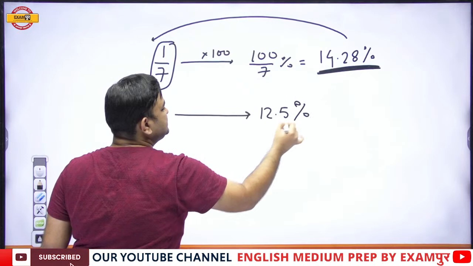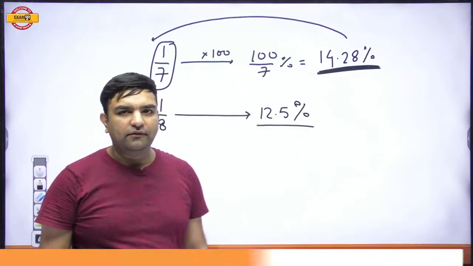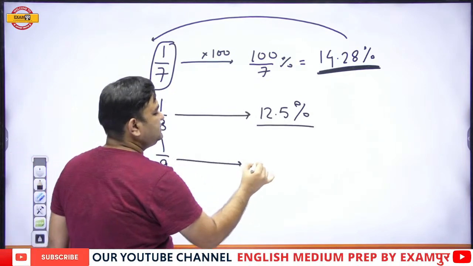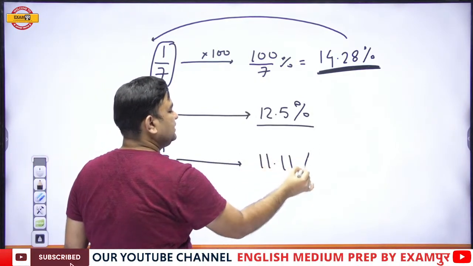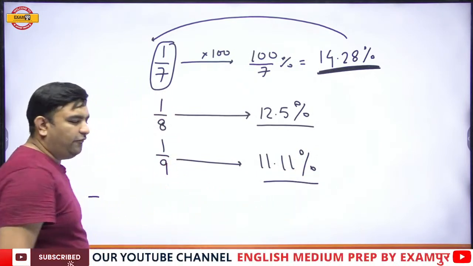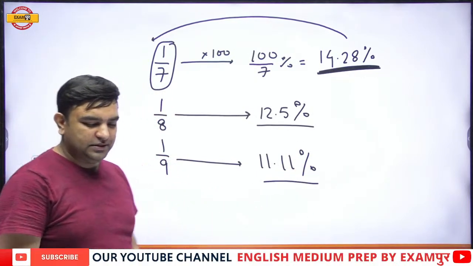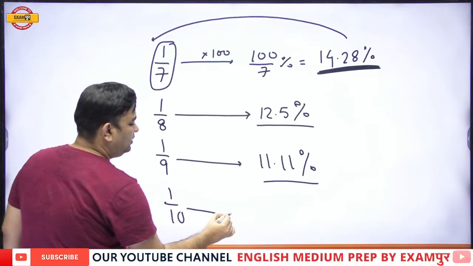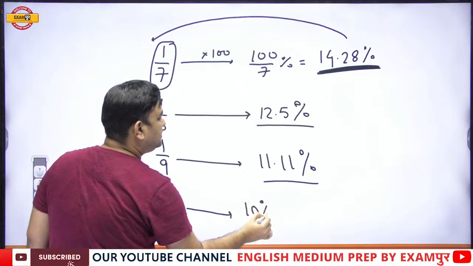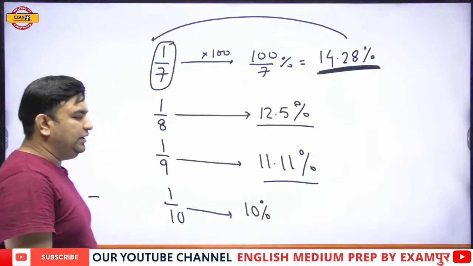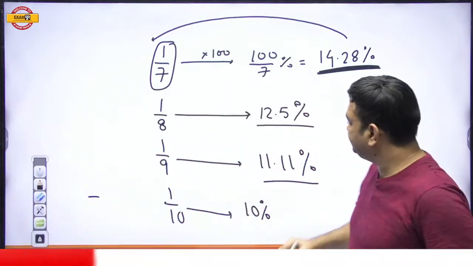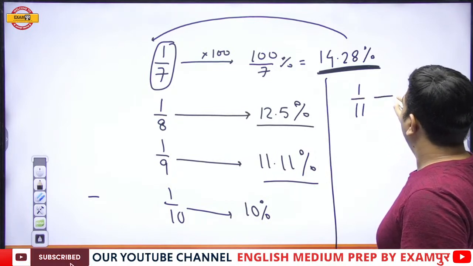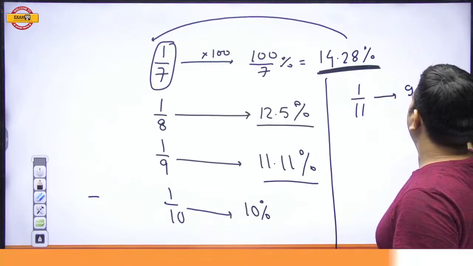Then we will be doing the revision as well. 1 by 9 is 11.11%. 1 by 10, no need to tell, guys, it's 10%. 1 by 11, 9.09%.